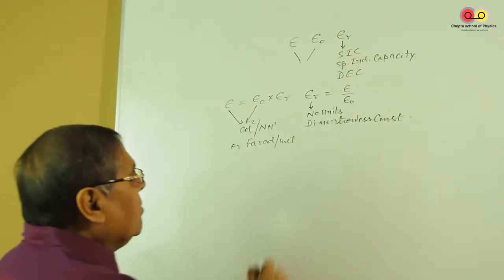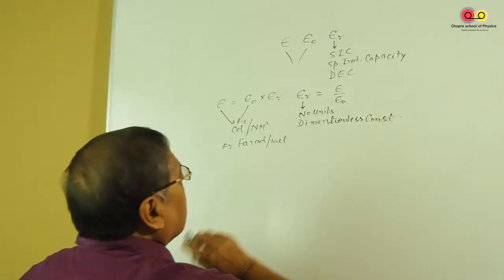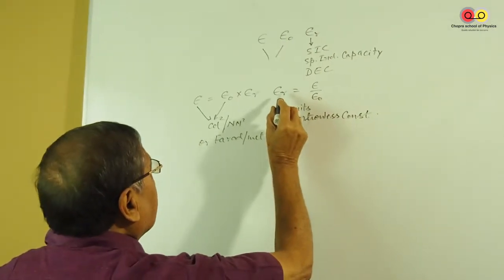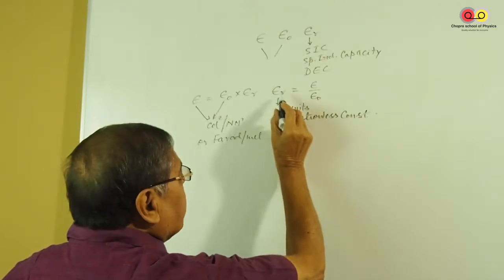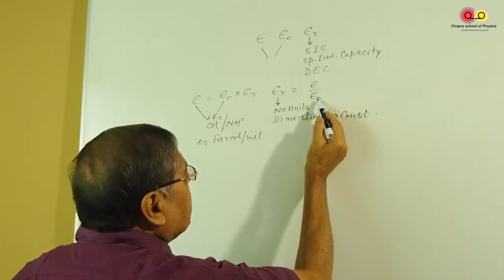Now, the term relative permittivity is that which is calculated with respect to absolute permittivity.